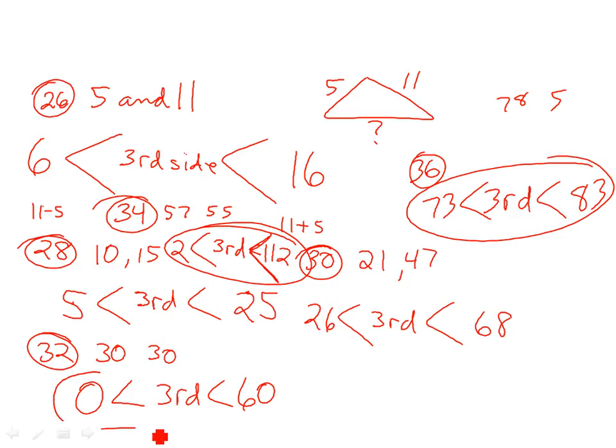The one before had a big range because those two numbers were real close together, so they could have a lot more. If this was 78 and this was 5, you don't have a whole lot of choices for what that third side can be. It's got to go from here to there, and it's a smaller amount than when you had something like these two together, and you had all those different numbers in between.